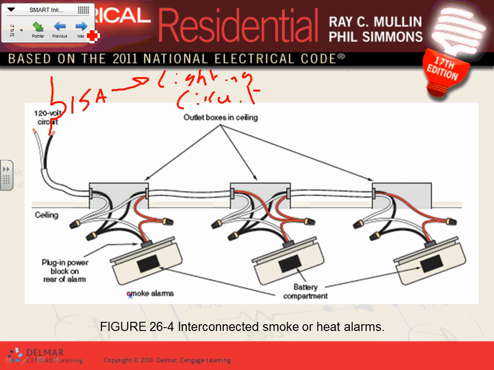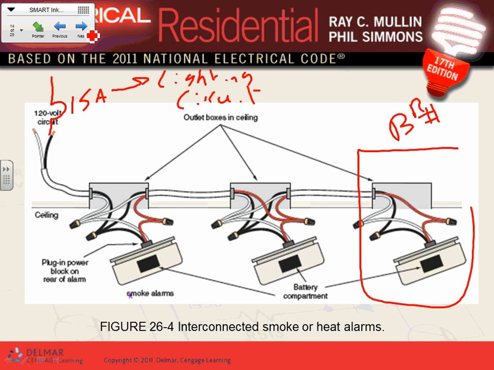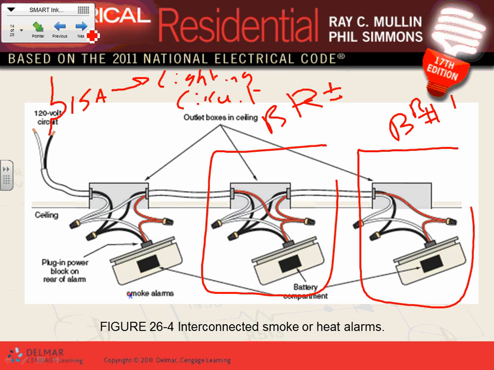All the hallways in front of the bedrooms are going to have one, and every bedroom is going to have one. So you guys are going to end up with 2 bedrooms plus a hall, 3 smoke detectors. So here's my bedroom 1, here's my bedroom 2, and this is my hallway.